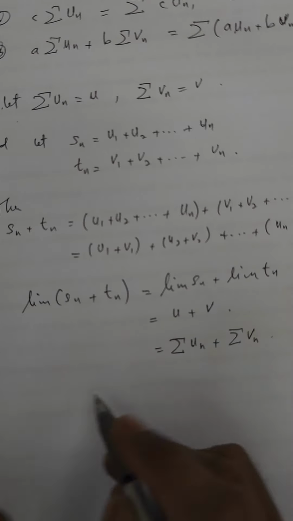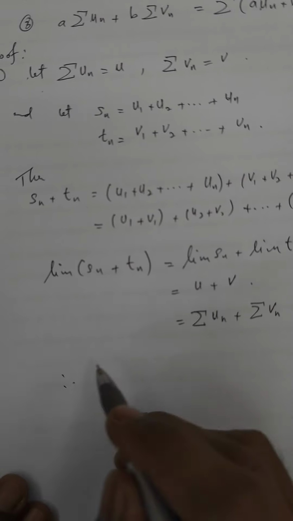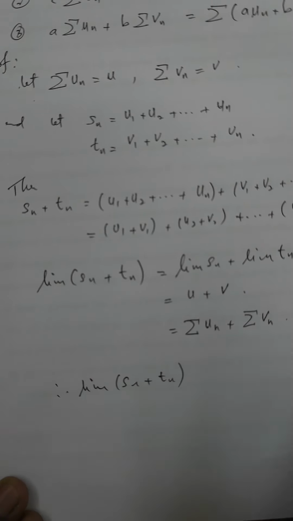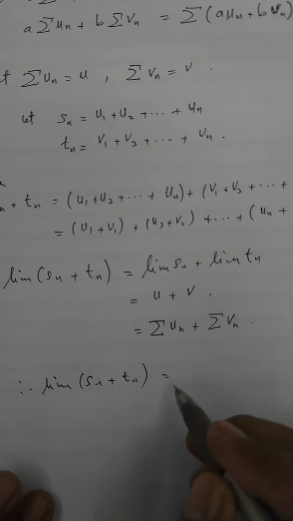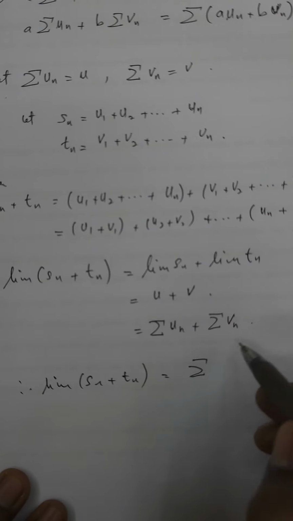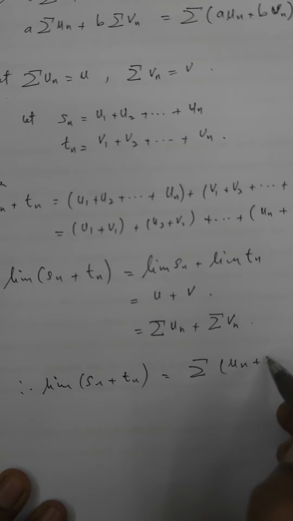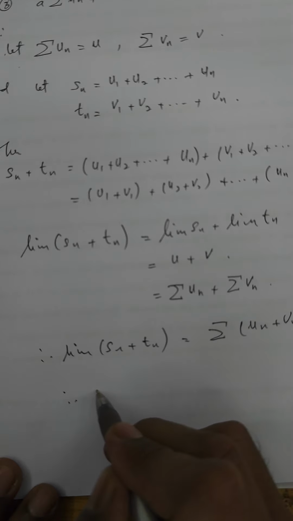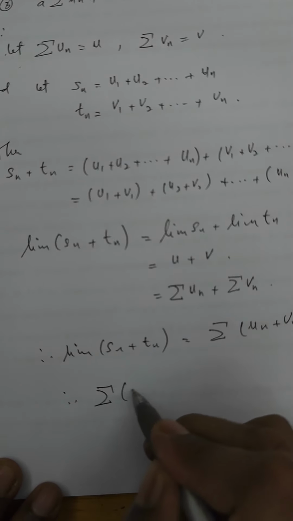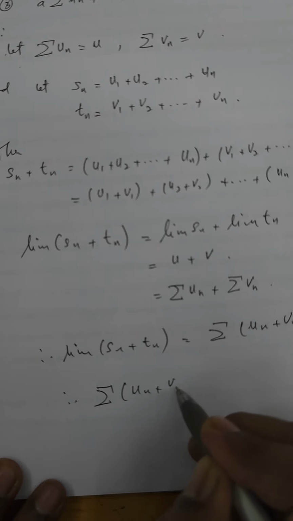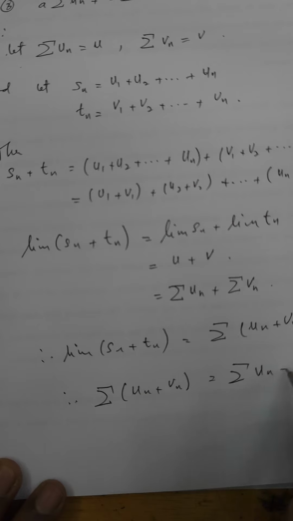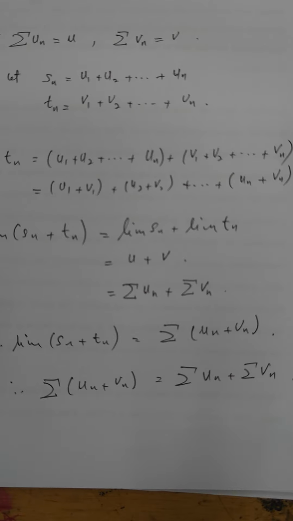Alright, so therefore we have the limit of Sn plus Tn. This is just the summation of un plus vn. So therefore we have the summation of un plus vn equal to u plus v.